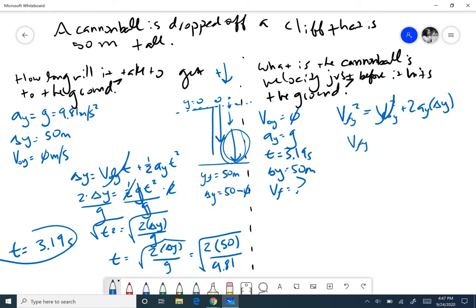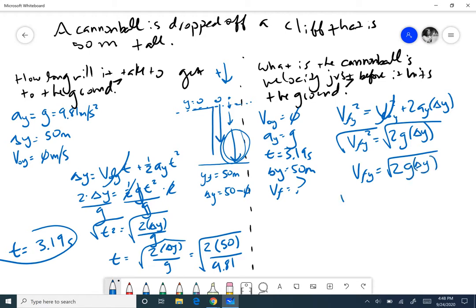Velocity final in the y direction squared equals 2g delta y. I don't want velocity final squared, I want velocity, so I need to square root both sides. So velocity final in the y direction is the square root of 2g delta y. Now we can plug in our values.